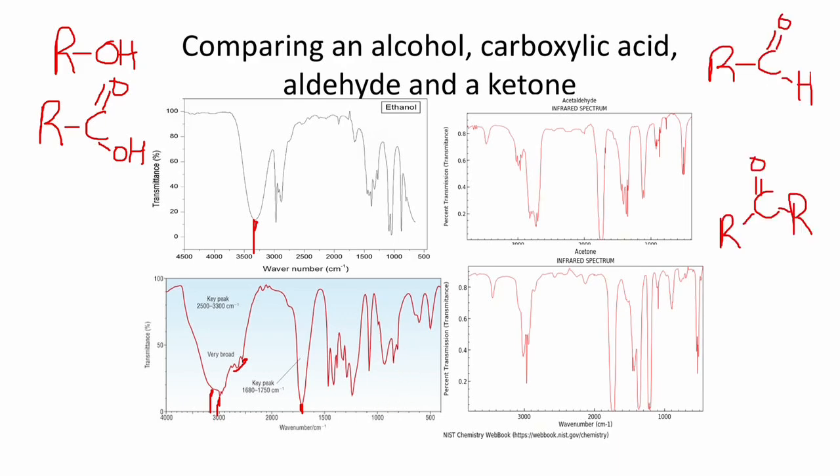Your aldehydes and your ketones, in this case acetaldehyde and acetone, would have spectra with a peak in a similar region. They're both going to have that carbon double bonded to oxygen peak, around the 1700-ish area. This represents your carbon double bond to oxygen in your acetone, and this represents your carbon double bonded to oxygen in your aldehyde.